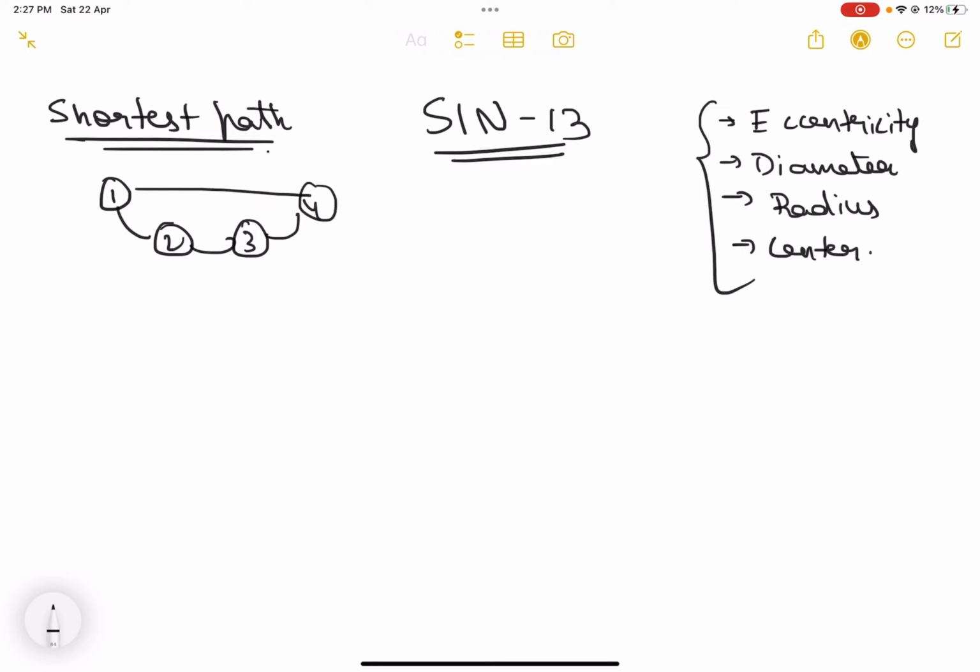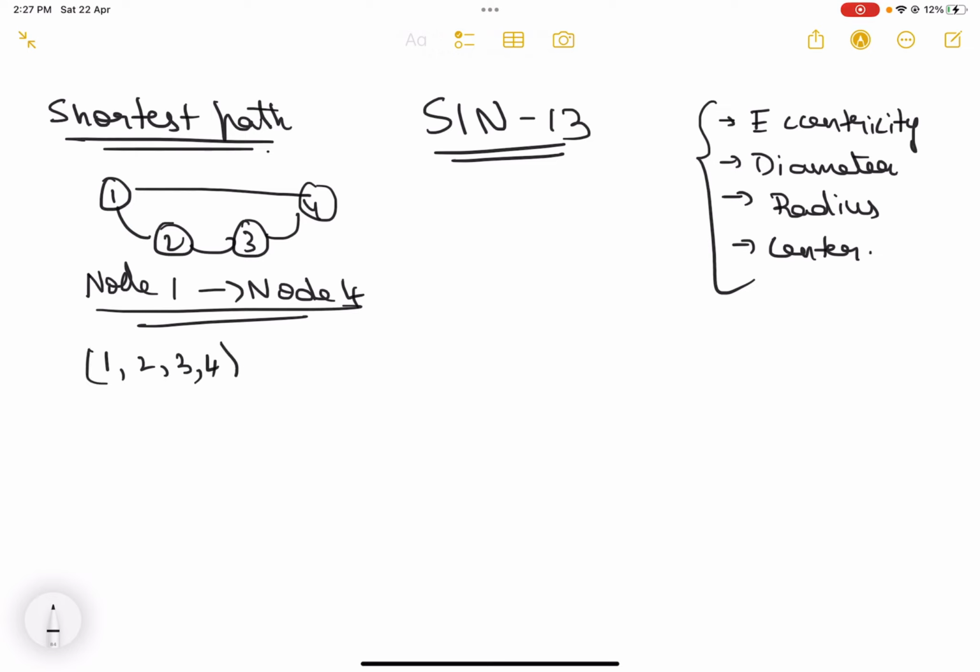To go from node number 1 to node number 4, what are the paths that we have? We have two paths, right? One goes through 1, 2, 3 and 4, and the other path is directly from 1 to 4. In this case, the direct one is the shortest path possible. So this is basically what shortest path is.